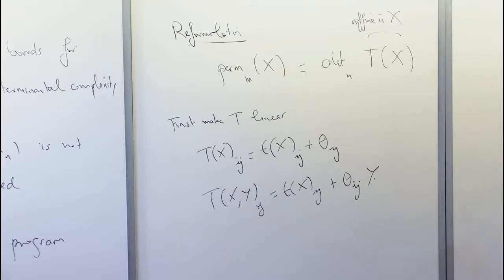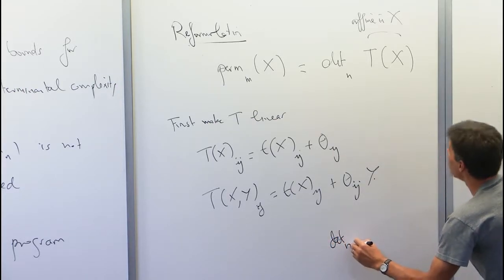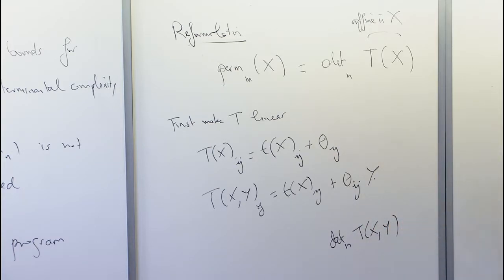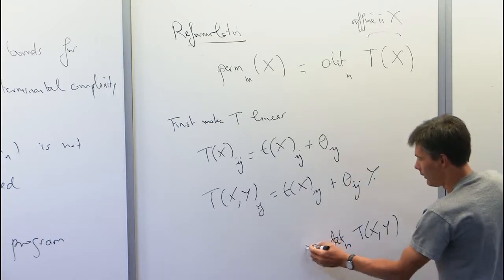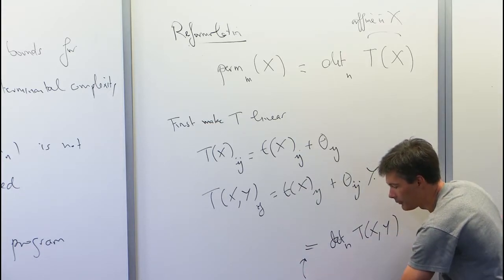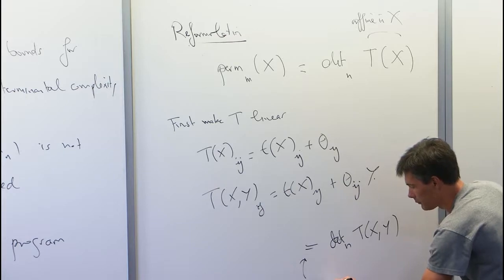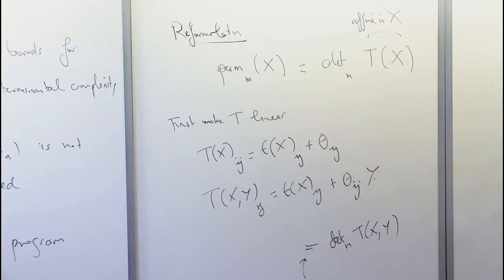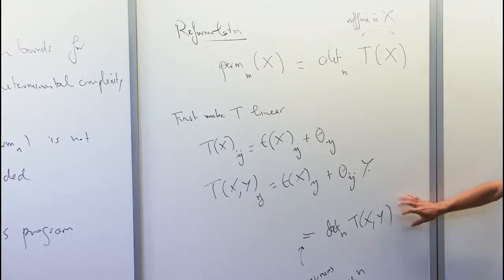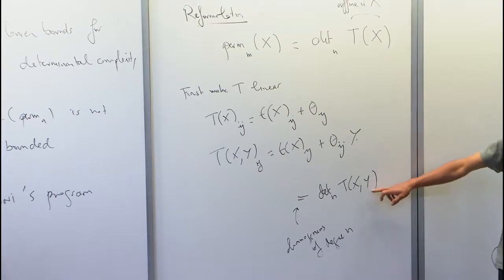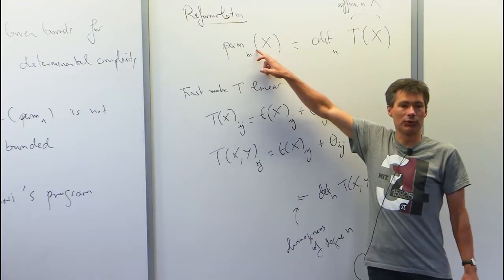Okay, then what's the result when we compute the determinant of this new matrix? Well, now the result will be homogeneous of degree n, because we have a linear matrix. And we know that if y equals 1, we get the permanent, which is homogeneous of degree m.